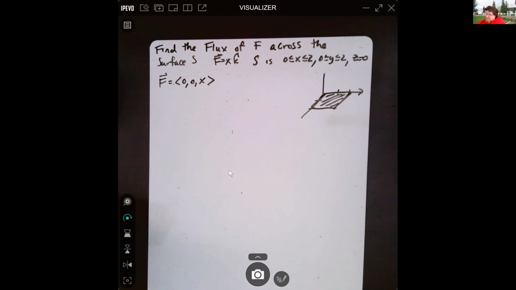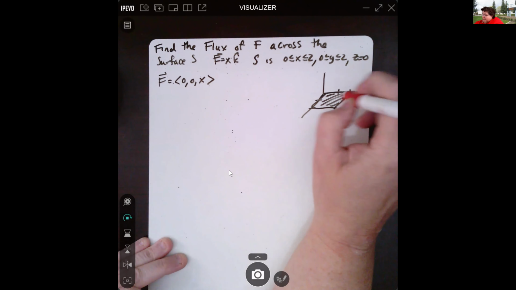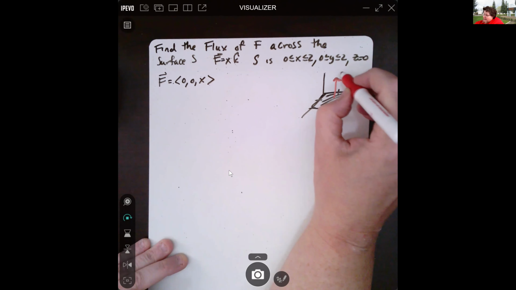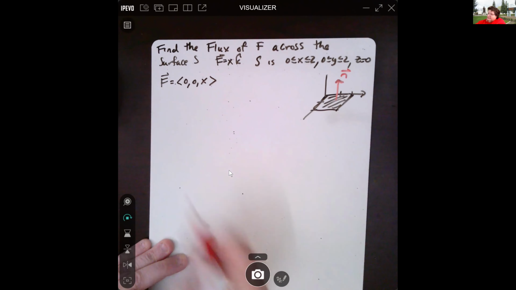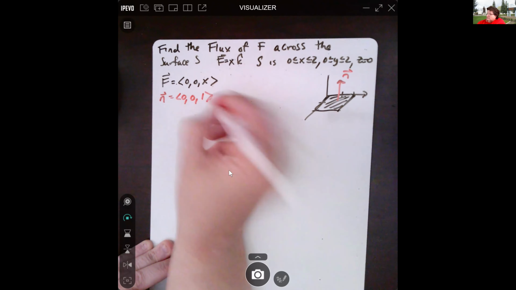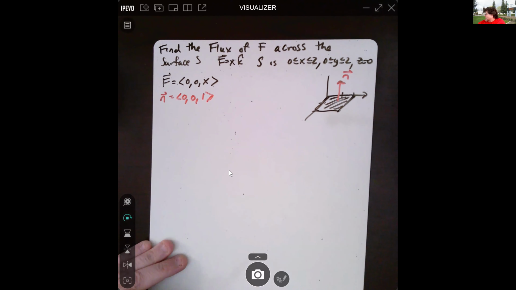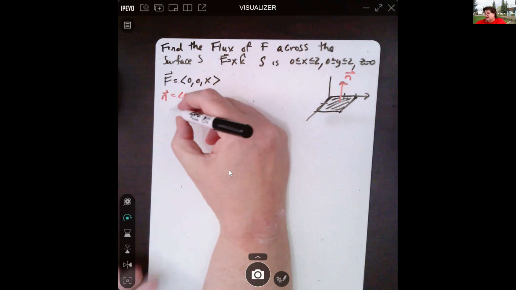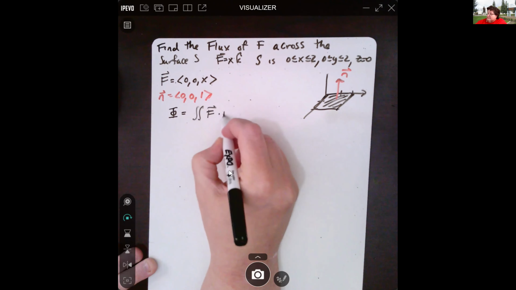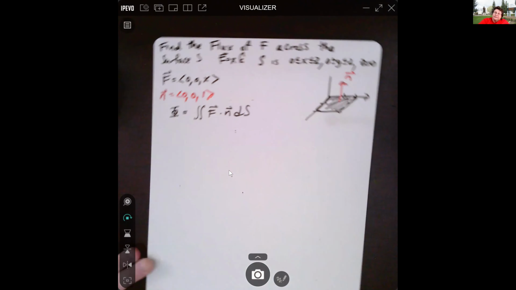So the normal vector here is straight up. If it doesn't mention an orientation, assume orientation is positive, going in the normal positive direction. So that's my n, which means n is 0, 0, 1. And flux was F dot n dS, the most basic version of it.